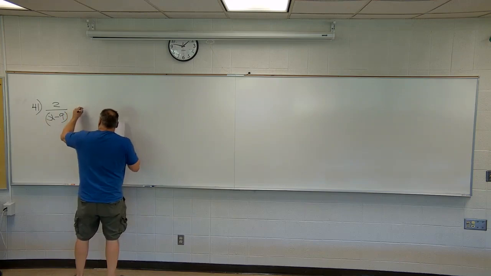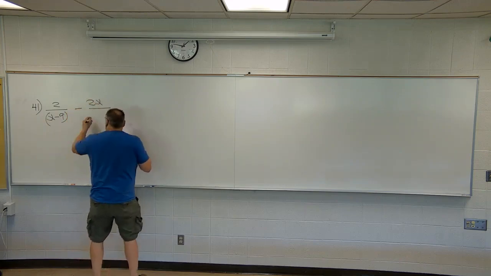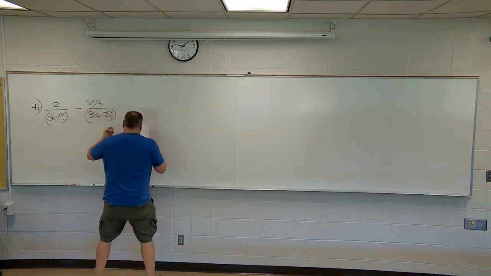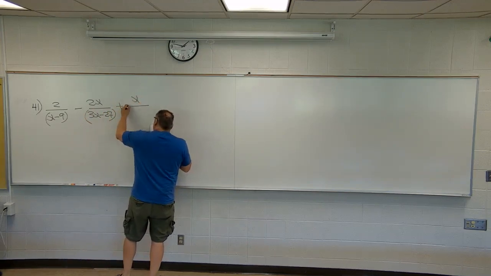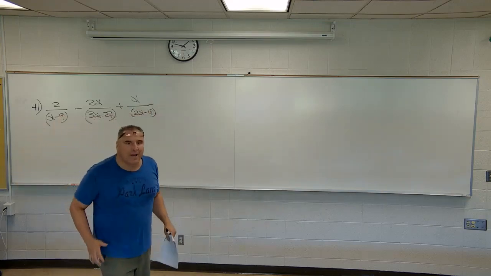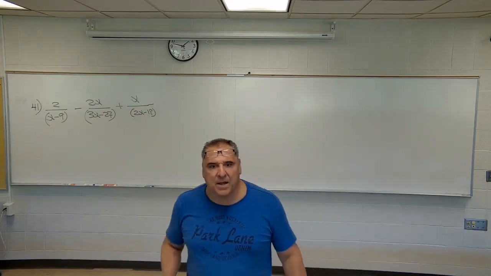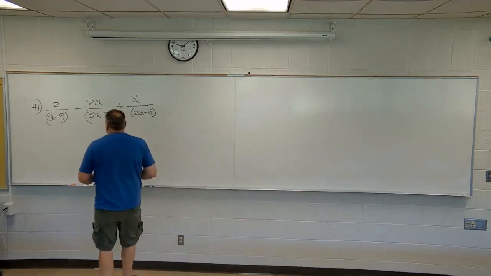Always put it in parentheses, guys. And then I want you to add this. Now, you're probably wondering, wow, how do you do that? Well, how do you add fractions, guys? You got to get a common denominator to add fractions. These are fractions also. You need a common denominator to be able to add these fractions.